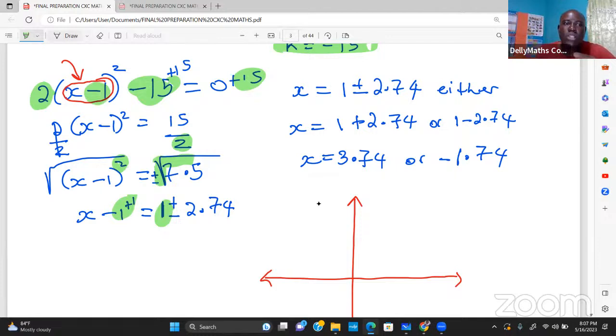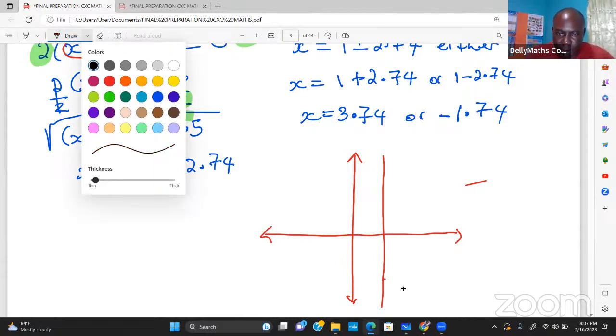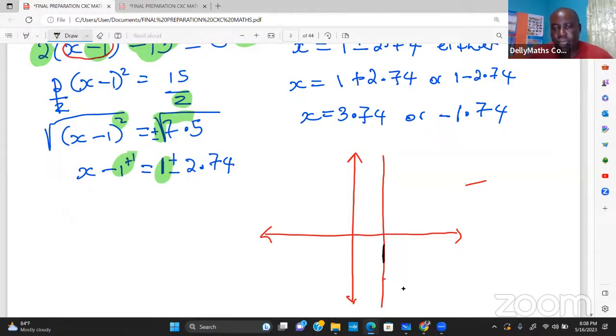So it's going to be x equal to positive 1. The axis of symmetry is over here. Remember, it's a sketch. So this is where x is equal to positive 1 right here. So that's the axis of symmetry.